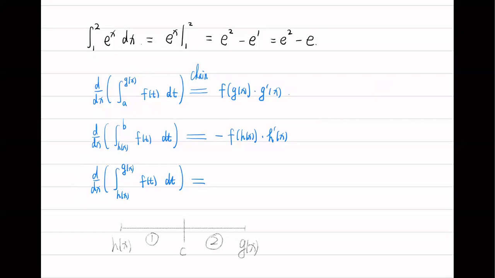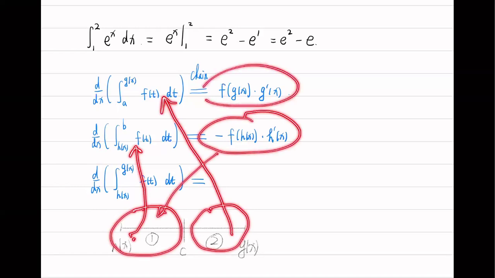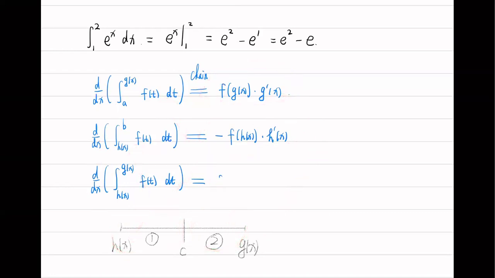When we take a derivative, there will be the derivative of this first part and with the derivative of second part. For the first part, it's the same as we had over there. We will have this part of the derivative. And this is similar to what we had over there of this derivative. The result will be the combination of the two. Okay, so one from here, other one from there.